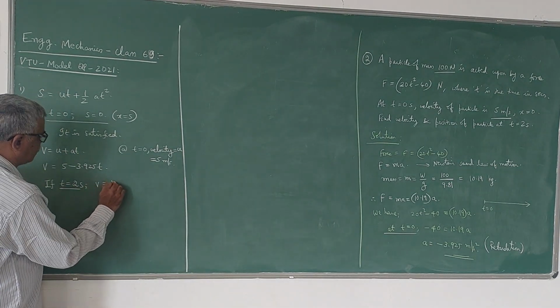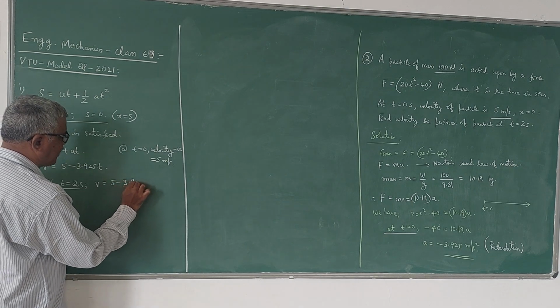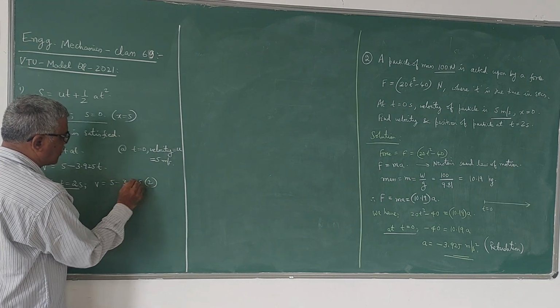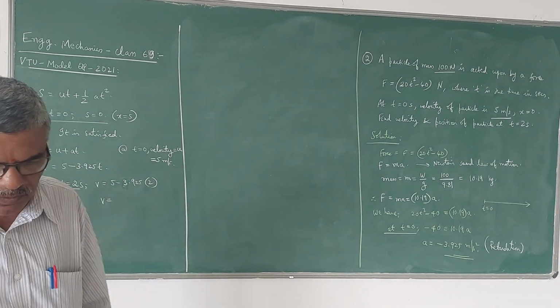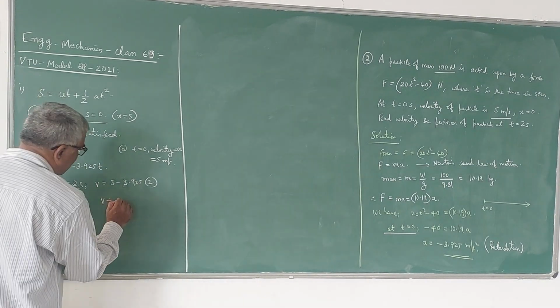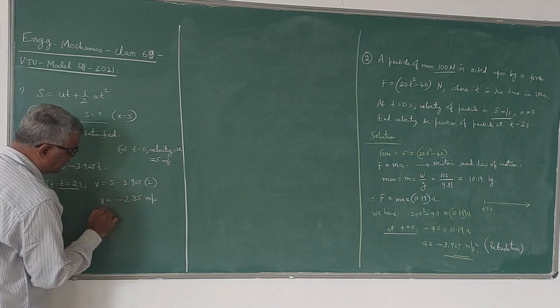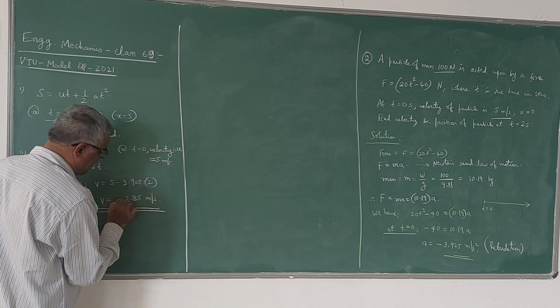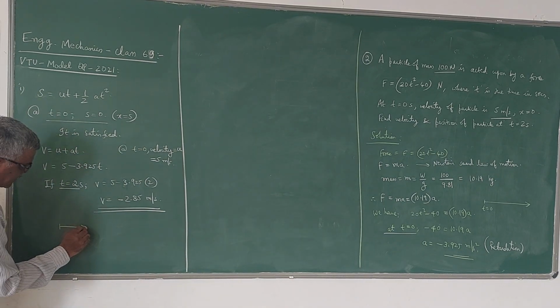So v is equal to 5 minus 3.925 into 2. If you simplify this, you are going to get a negative value, that is minus 2.85 meter per second. So what is the meaning of this negative velocity? This is important here. The particle is moving like this.